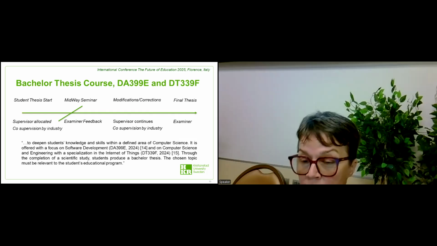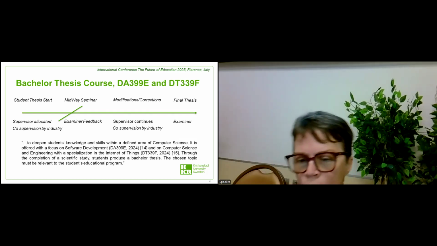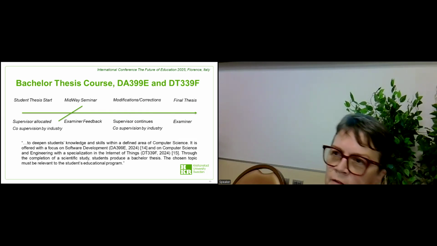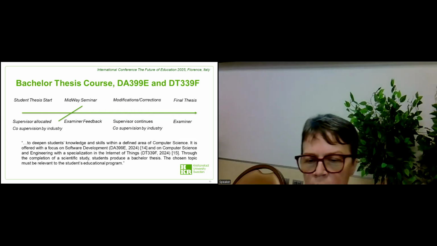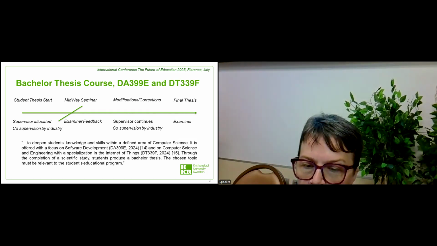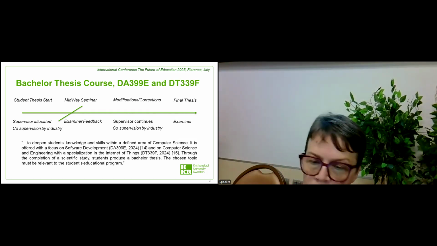So then we segue over to the Bachelor thesis course. And this is quite complex in itself, as you can see. This is a timeline, and the student thesis starts, and a supervisor is allocated.